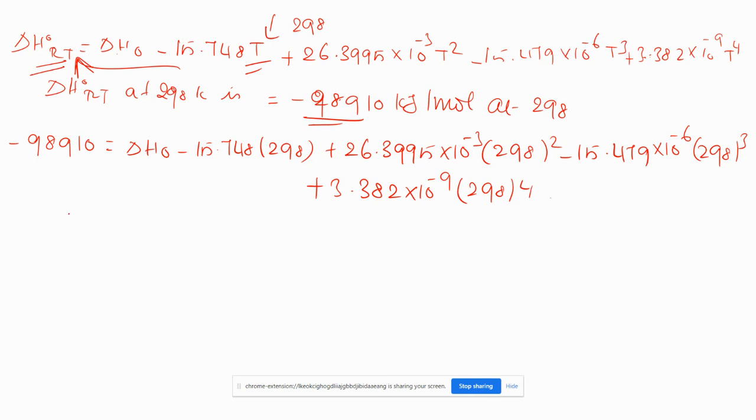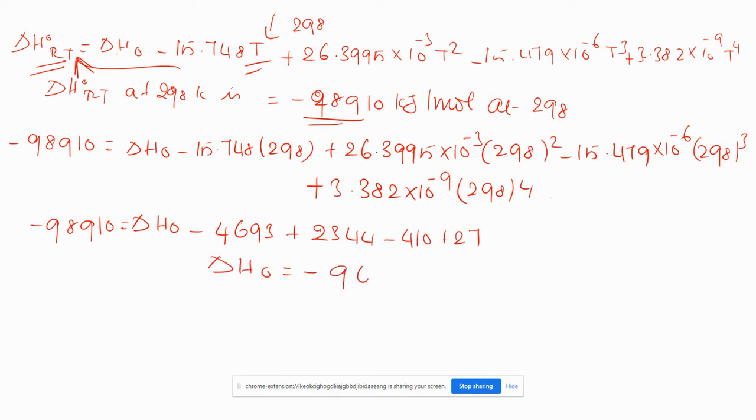When you solve, you will get minus 98910 is equal to del H0 minus 4692.344 minus 410 plus 27. So now del H0 is equal to minus 96178, and all these are at 298 Kelvin. So now, what were we asked to find?